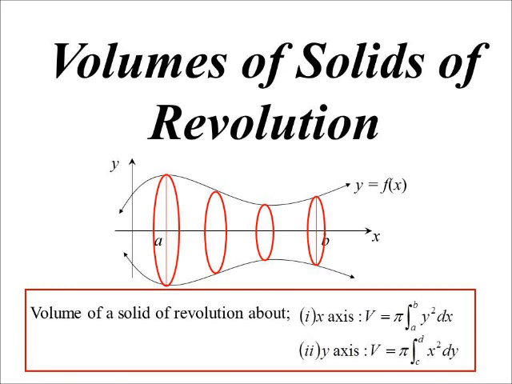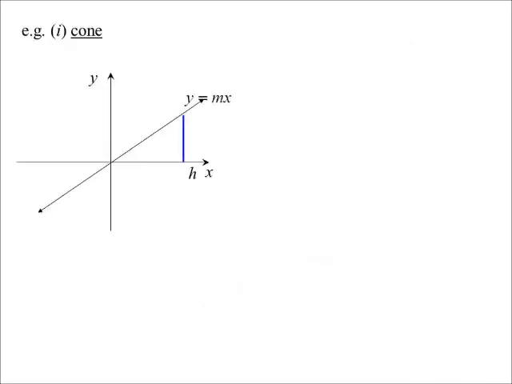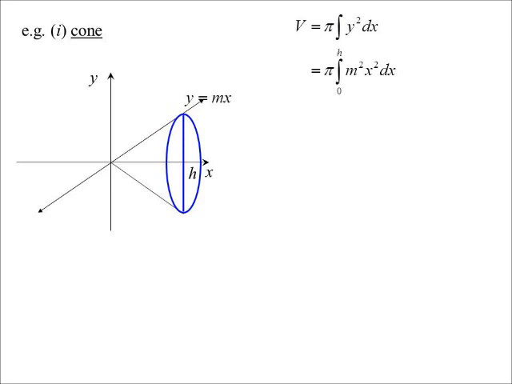So let's now create some formulas for shapes that we actually know. If I was going to rotate y equals mx around the x-axis, I would get a cone. So I'll call the x value conveniently h, because that'll turn out to be the height of the cone. Rotate around, and there it is. So there's the cone. So I'm going to integrate, we're going around the x-axis, so it's y squared dx.